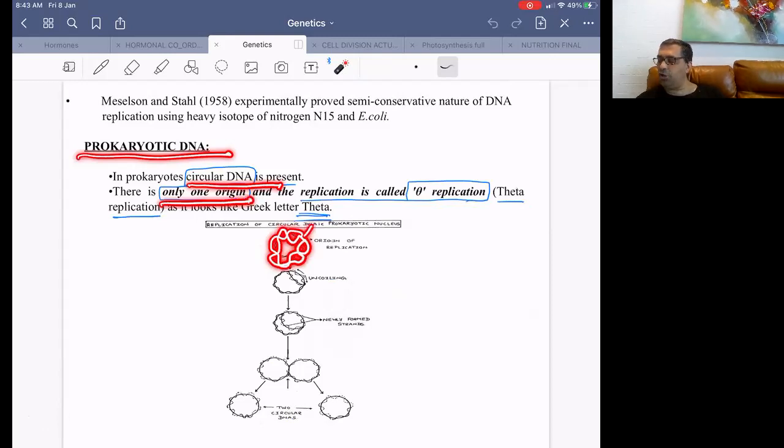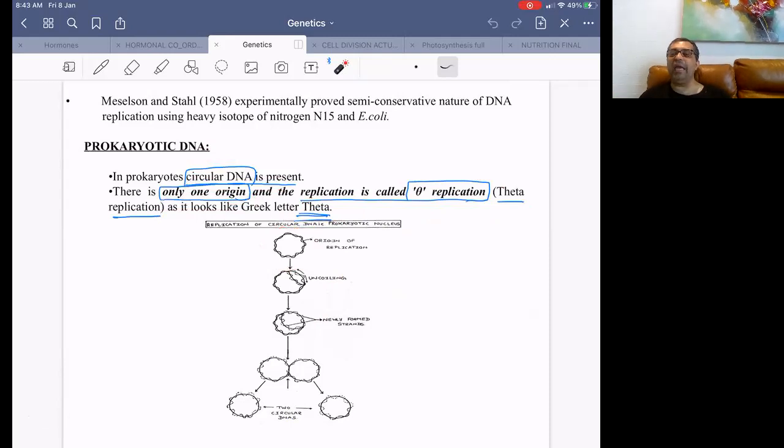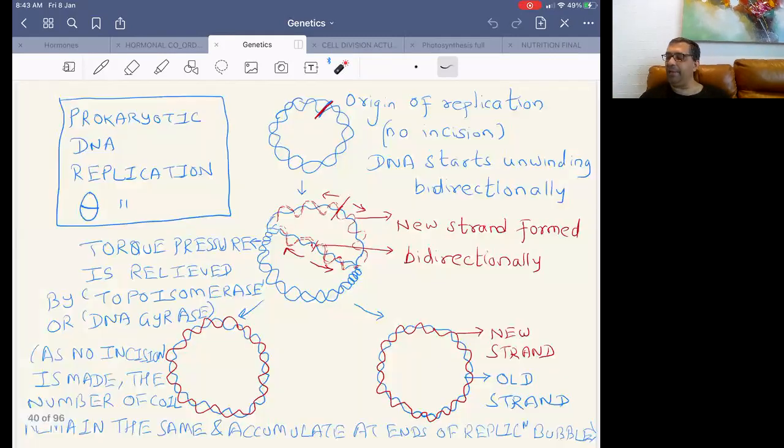So there is only one origin of replication, and that replication is called theta replication. So the bacterial DNA replication will look like theta and is called theta replication.